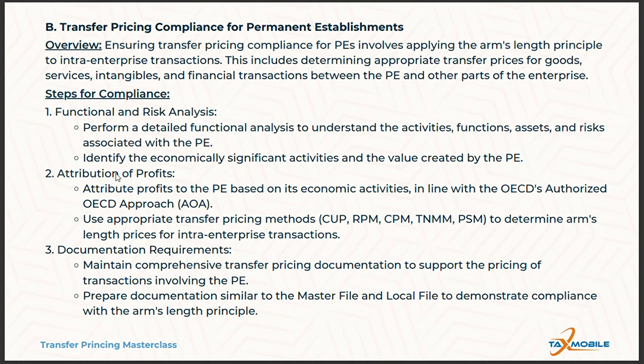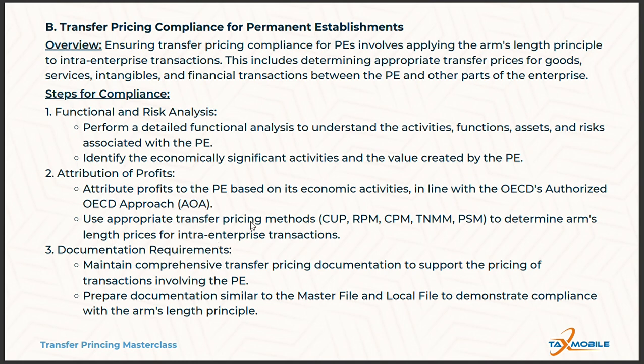The authorized OECD approach recommends that profits be attributed to a permanent establishment based on the functions performed, assets used, and risk assumed by the permanent establishment, as though it were a distinct and separate enterprise from the rest of the company.